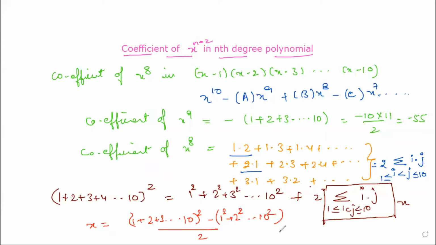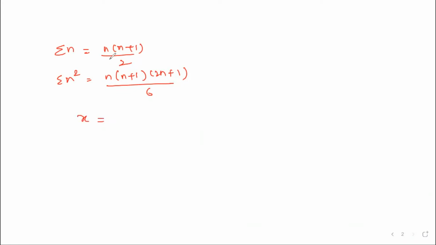Upon simplifying this, we can use two results. One is sigma n, which is n into n plus 1 by 2. Another is sigma n square, which is n into n plus 1 into 2n plus 1 by 6. So to find the x value here, n is basically 10 in the previous case.